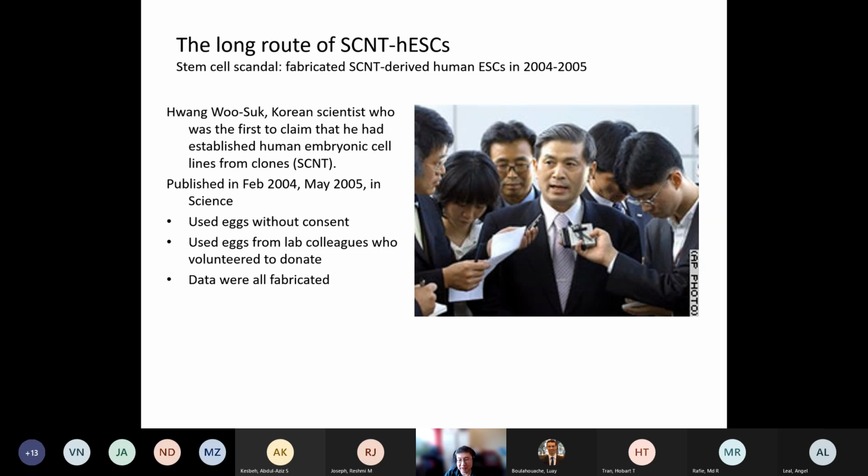Unfortunately, in this area of research, in stem cell research, we not only have some of the best scientists who made extraordinary, groundbreaking discoveries, but also maybe a higher share of infamous scientists.